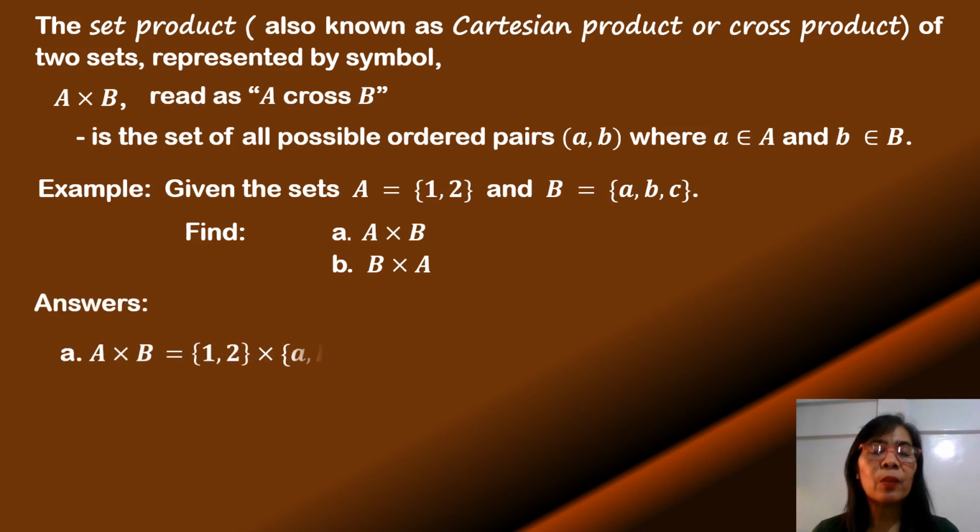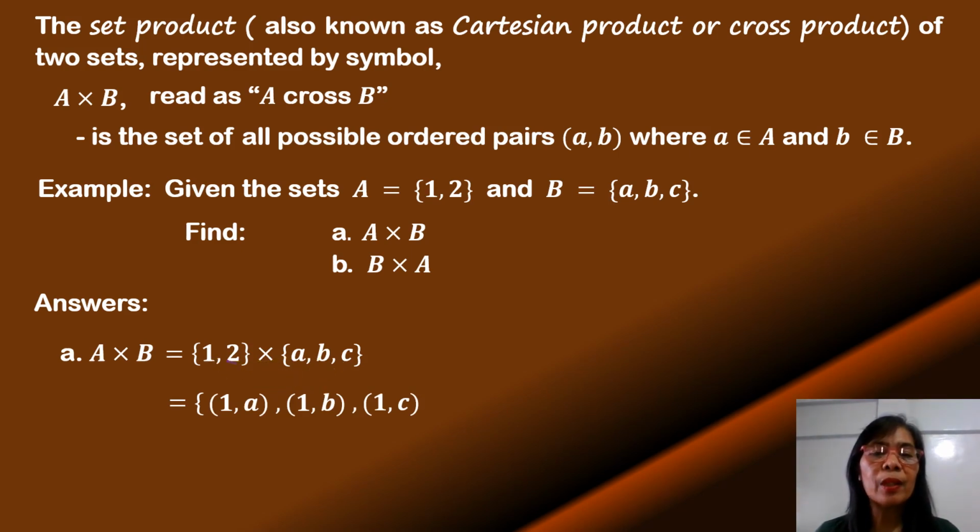A cross B, we consider first the first set A, whose elements are 1, 2, then B, whose elements are a, b, c. The cross product is obtained by pairing each element in the first set to an element in the second set. So we have the first element is an ordered pair 1a, 1b, then we have an ordered pair 1c.